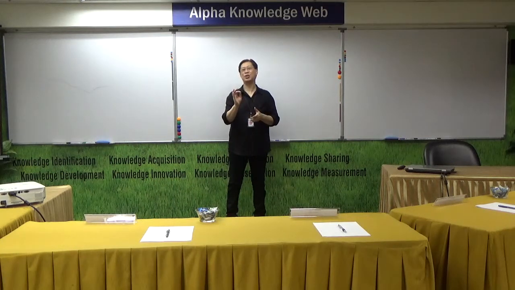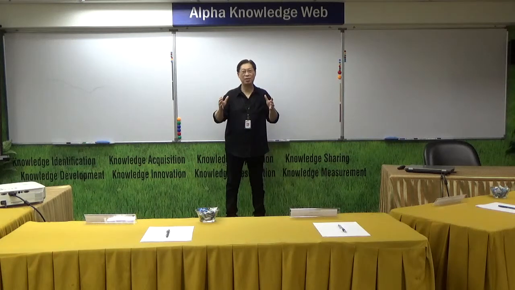Therefore, essentially, the practice of knowledge identification is really about, first, establishing the specific knowledge gap, and secondly, identifying specific knowledge to address this gap, to close this gap, or for that matter, to address my specific knowledge deficiency.